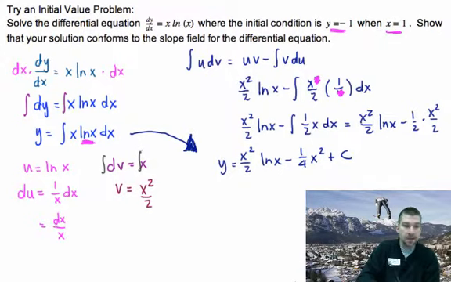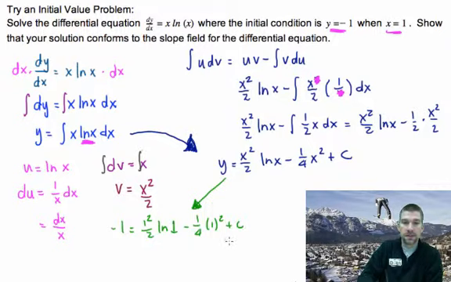So when that happens, let's see, I need a little bit more space. So I'm just going to come right down here with this guy. I'm going to have -1 equals 1 squared over 2 times the natural log of 1 minus 1/4 times 1 squared plus c.